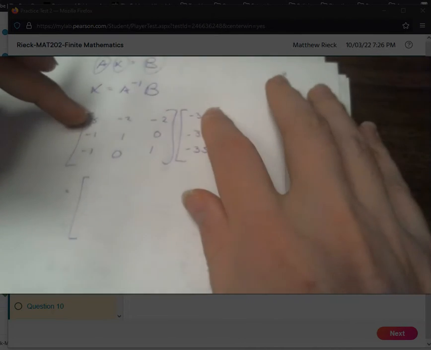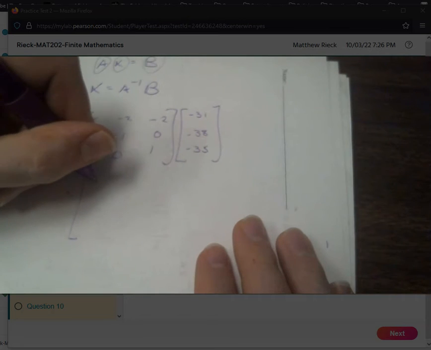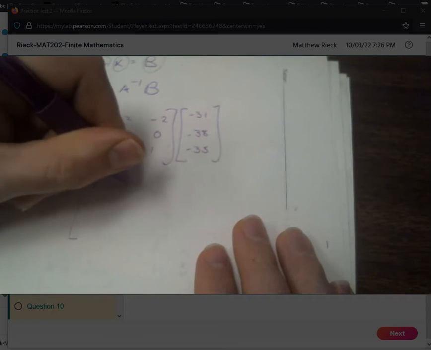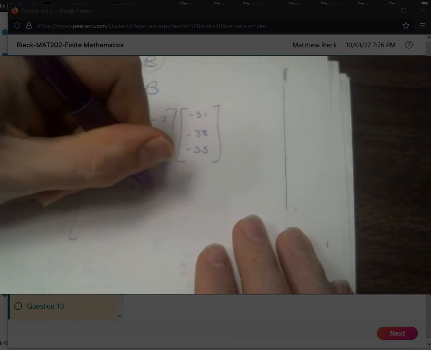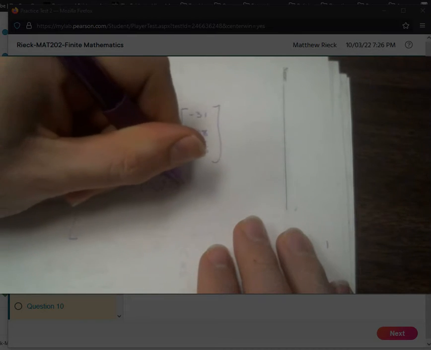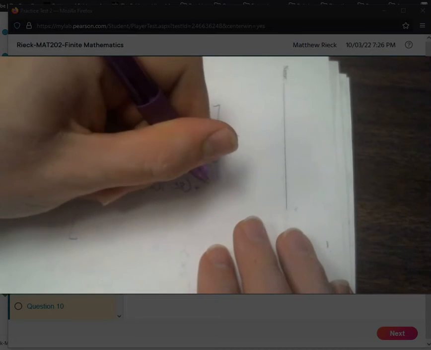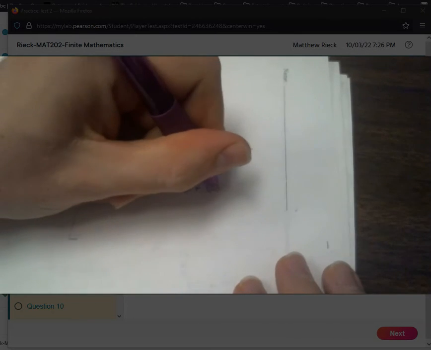Again, just marching across the row and down the column. So we have 5 times -31 plus -2 times -38 plus -2 times -35.